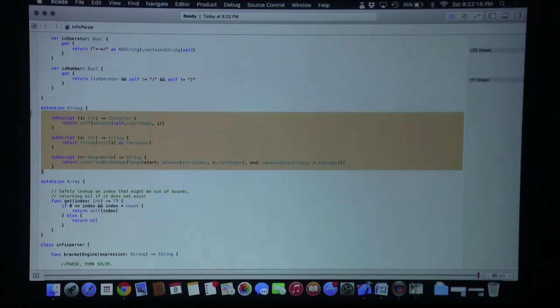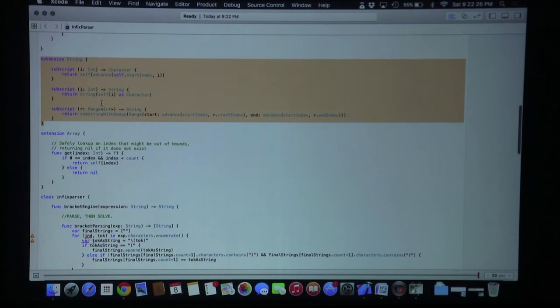Another extension to the string class, which was created by, I think, Alec Larson on Stack Overflow, but anyway, the link to it will be down in the description, and so that completely works. This string extension will allow us to get a subscript of a string.